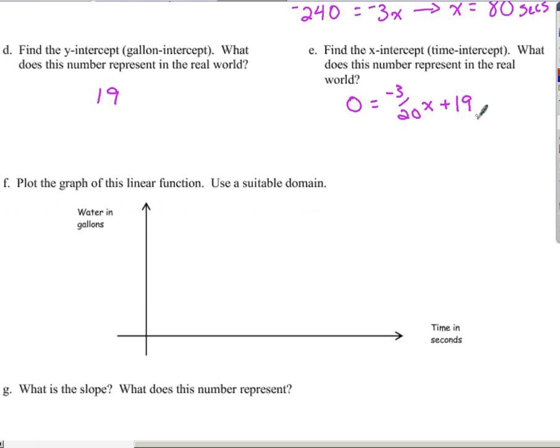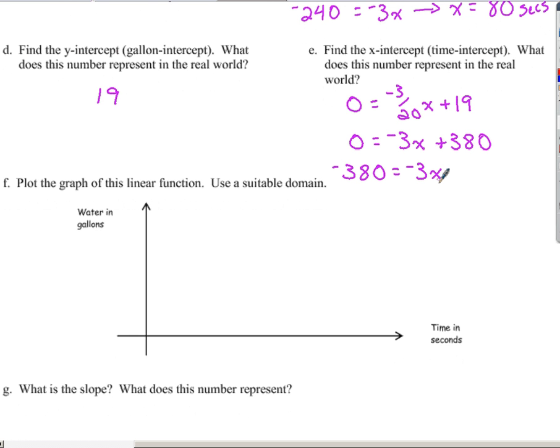So taking our equation, plugging 0 in for y, 0 would equal negative 3/20 x plus 19. If we solve for x here, again, if you want to clear the fractions out, we can. Multiply everything by 20. You'd have 0 equals negative 3x plus 380. Solving for x, we'd have negative 380 equals negative 3x.